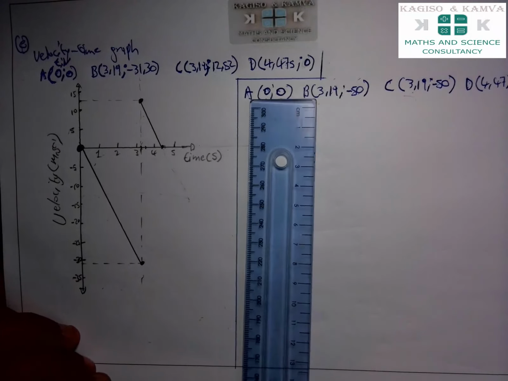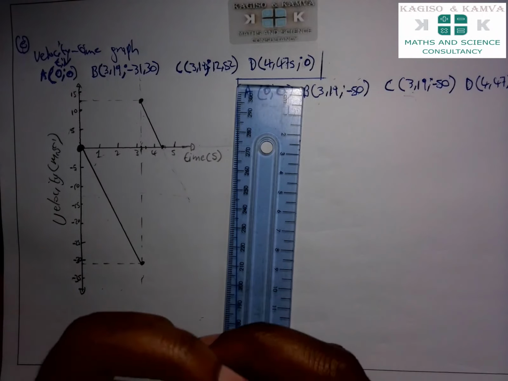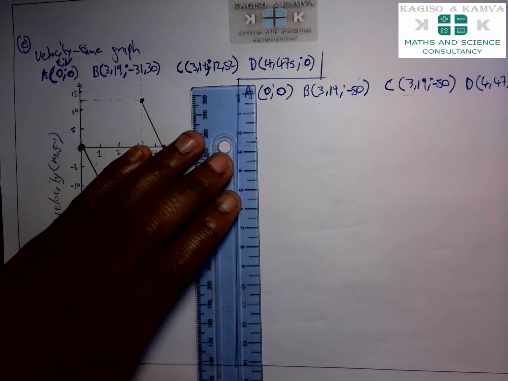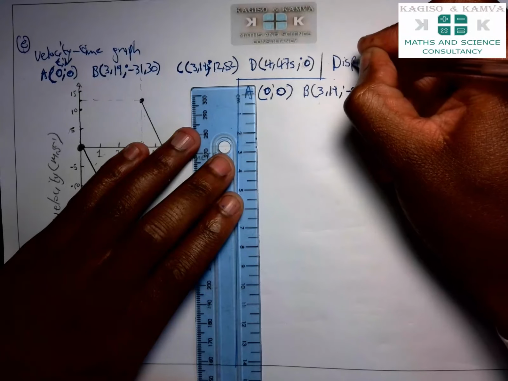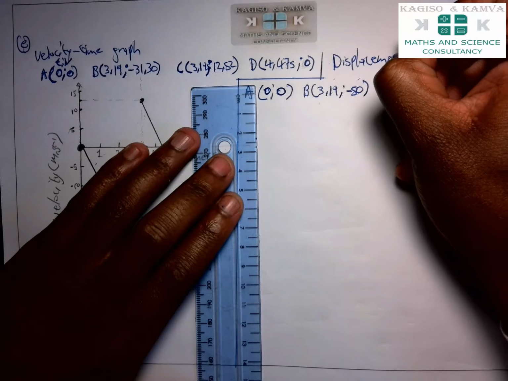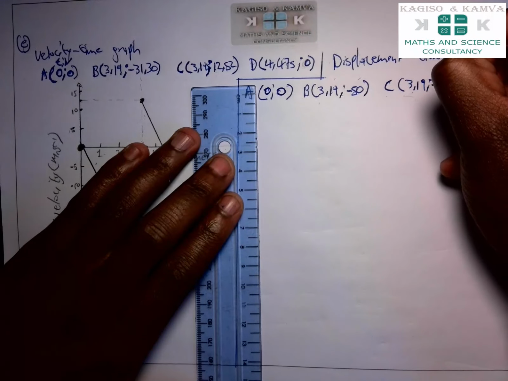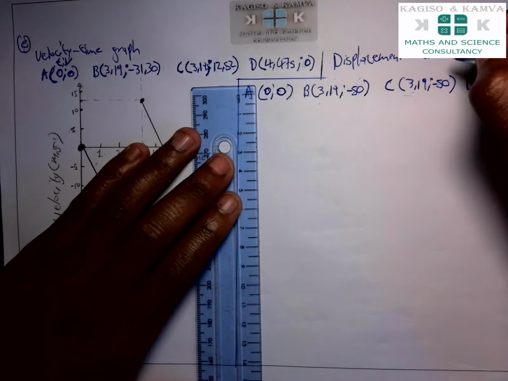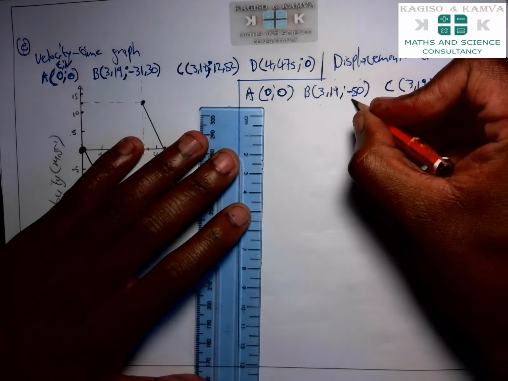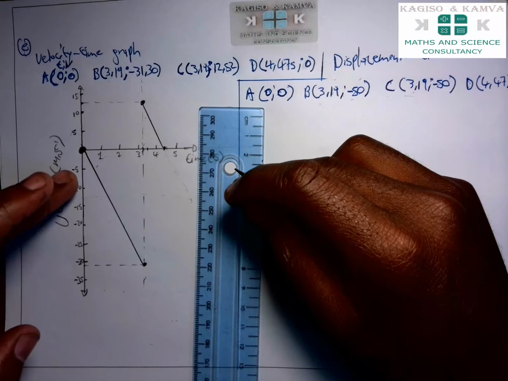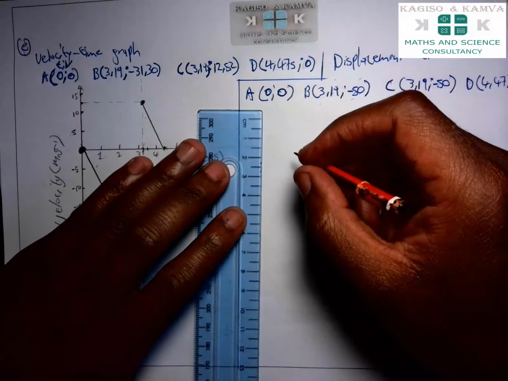Now let us try to draw the displacement time graph. This is going to be the displacement time graph. We have up until 250, and here we are going to need 10 of these.